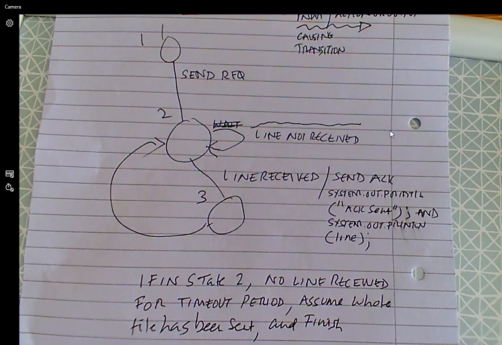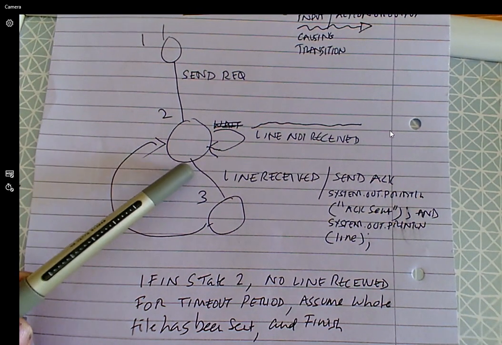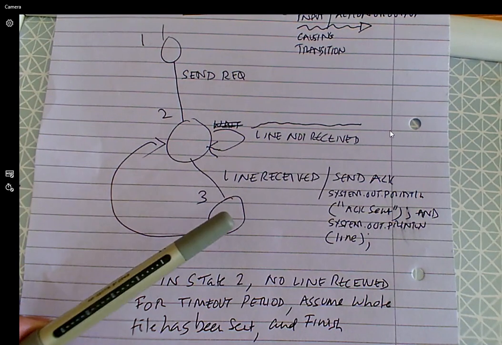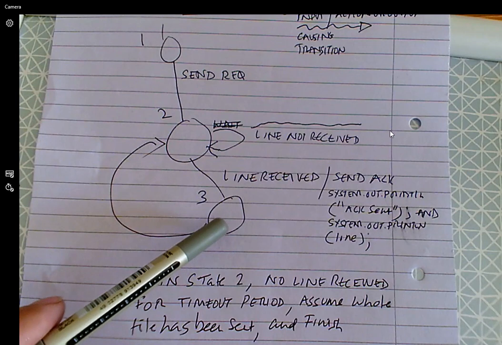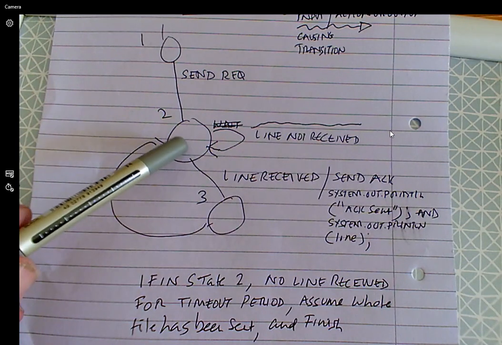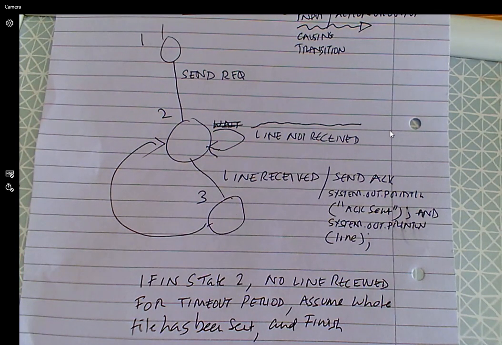In other words, you can actually annotate the state transition lines, for example, between 2 and 3, simply with the cause of the state transition, and you can write the actions inside the state circles here and here if you want to.